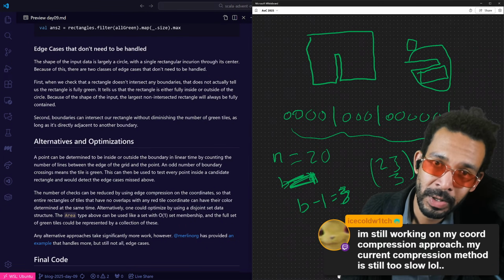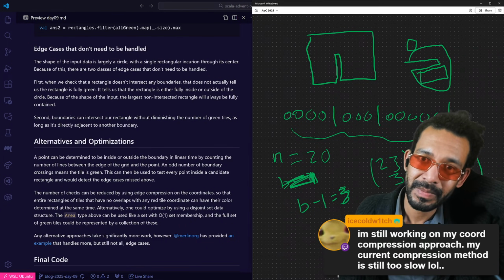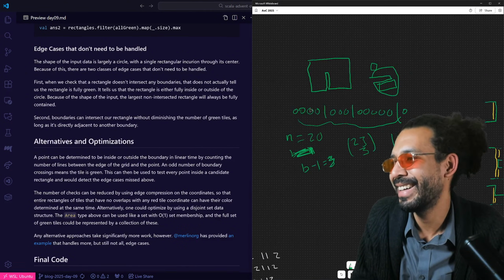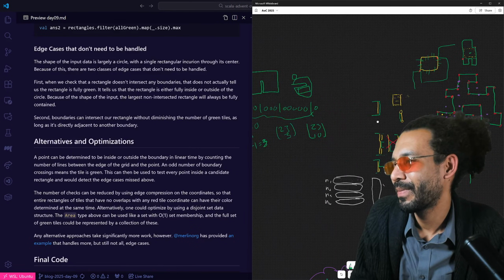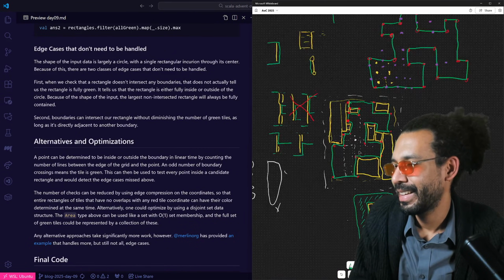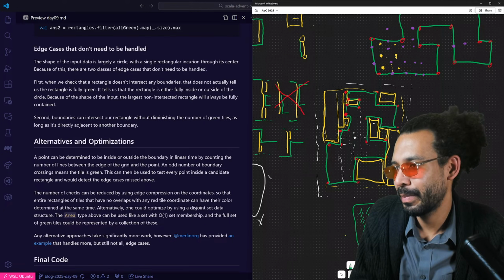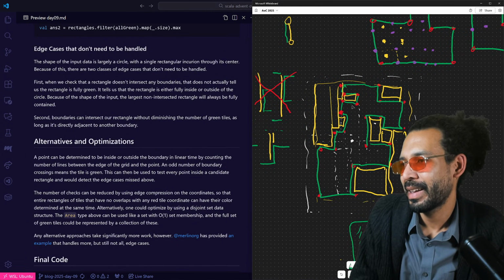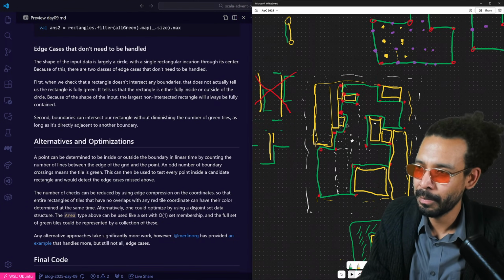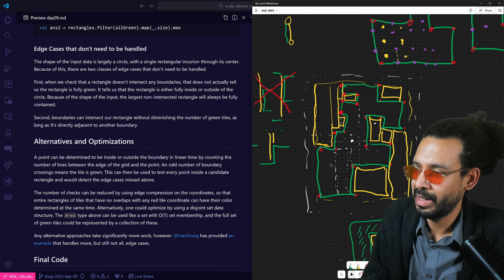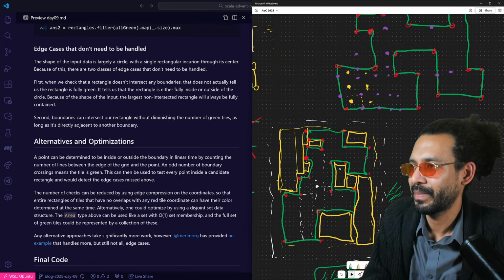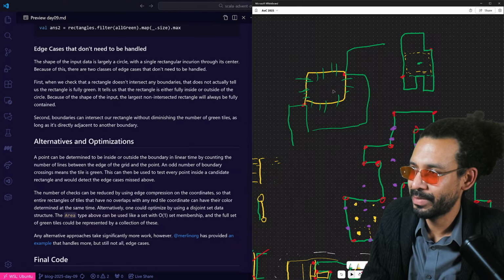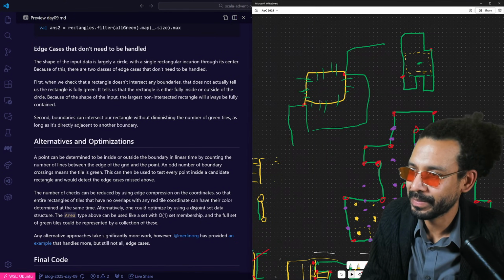You're still working on your coordinate compression approach? Yeah, I started going down that. Oh boy, I was hoping it would be quick to implement. I like how potentially clean and fast coordinate compression could be, but this approach here is just faster to implement.